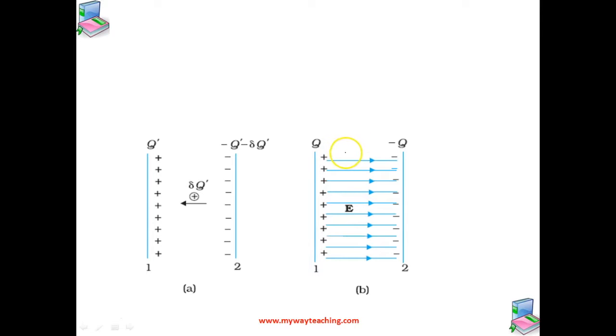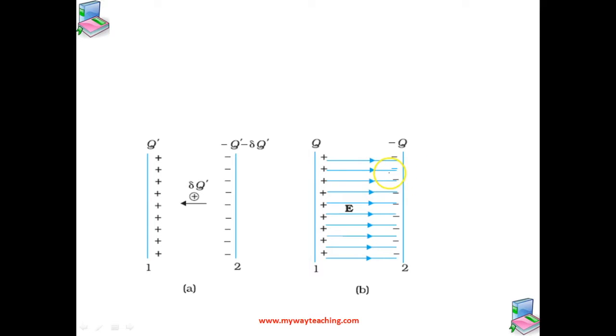So in transferring positive charge from conductor 2 to conductor 1, work will be done externally, isn't it? Since at any stage conductor 1 is at higher potential than conductor 2.